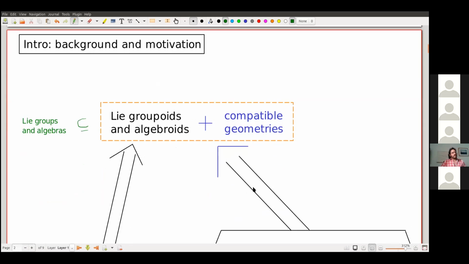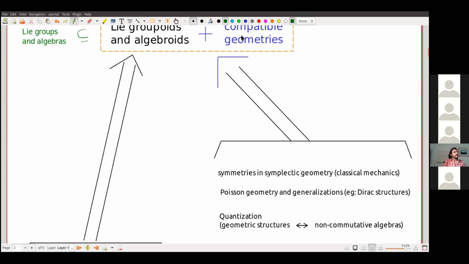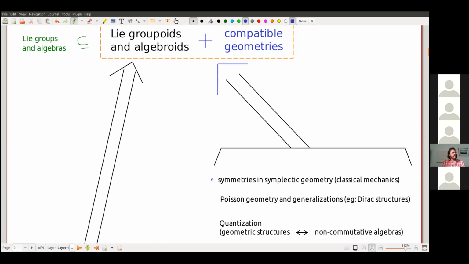It's related to mathematical physics. Ultimately, here I just summarize three key things. One is the study of symmetries in symplectic geometry and Noether's theorem, conserved quantities, and so on. This gives rise to a lot of structures that are related to the things that I'm going to speak about.